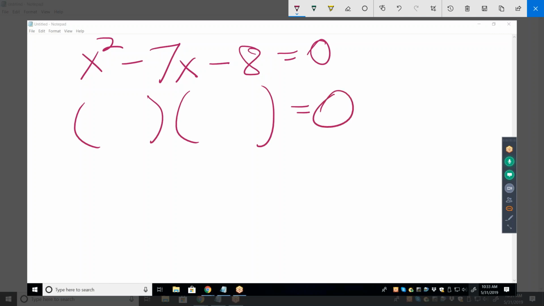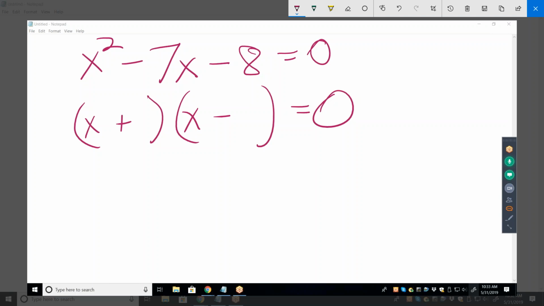First couple are going to be x. And then your signs, one has to be negative, one has to be positive, so it would be positive, negative. Factors, verbalize it. Oh, 8 and 1 will be a factor, 4 and 2 will be a factor.